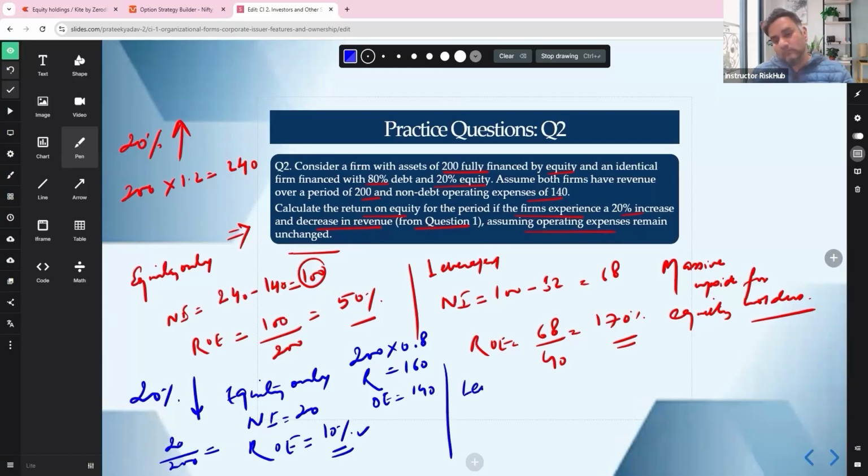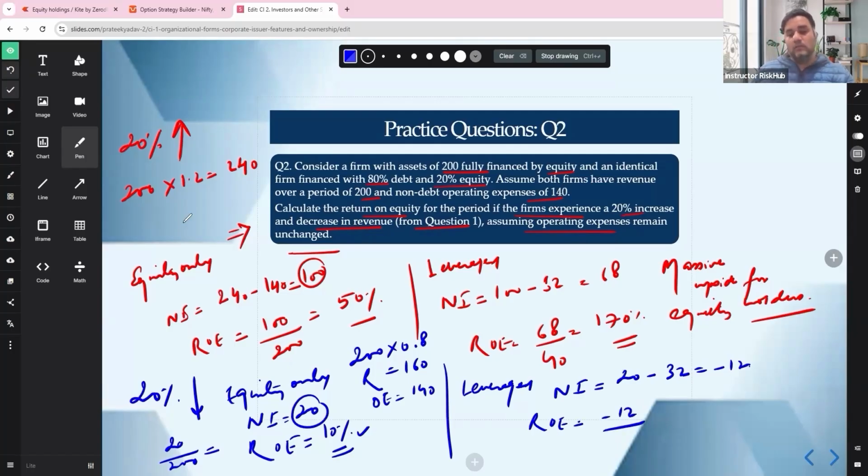If you are leveraged, this is the only confusing piece in this chapter, guys. If leveraged, net income is equal to what? Obviously, 20 you have taken here. You still use the same 20, but minus 32, which gives minus 12. 32 is the interest expense. ROE is what? Minus 12, right? But divided by what? Your equity.